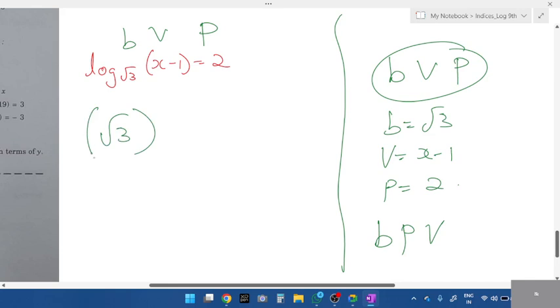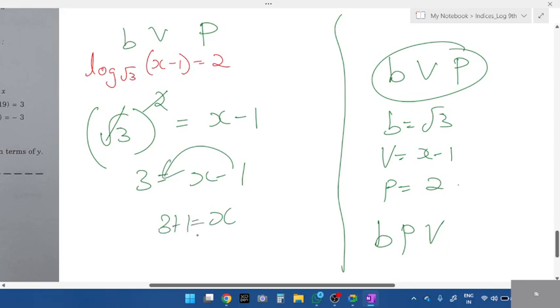Root 3. What is power? What is root 3 to the power 2? It gets cancelled. 3 is equals to x minus 1. Wherever x is given, keep it in the same place. Minus 1 goes to the other side. 3 plus 1, x is equals to 4.